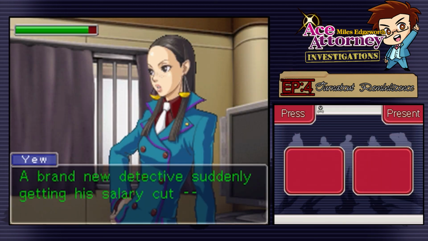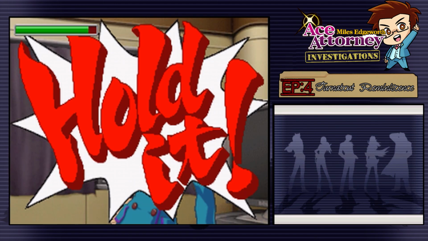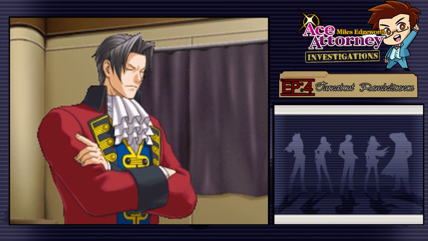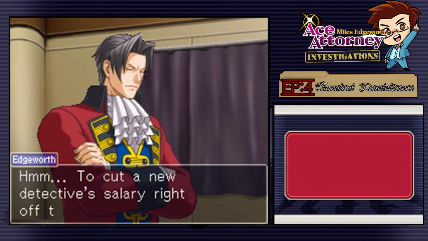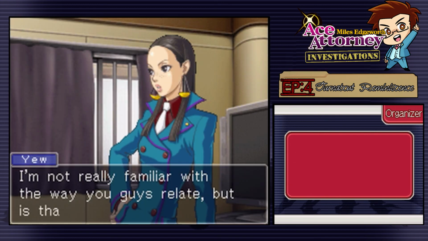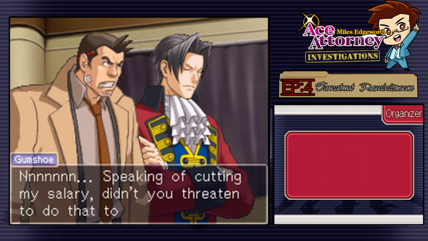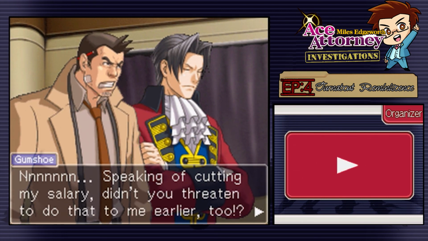A brand new detective suddenly getting his salary cut? That's reason enough for a grudge. To cut a new detective's salary right off the bat like that. I'm not really familiar with the way you guys relate, but is that a common practice? Speaking of cutting my salary, didn't you threaten to do that to me earlier too?